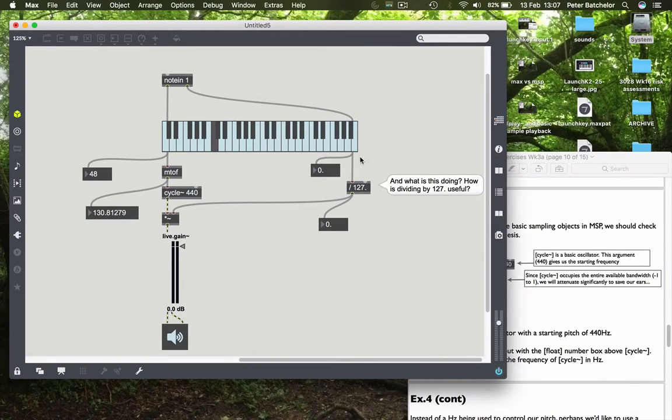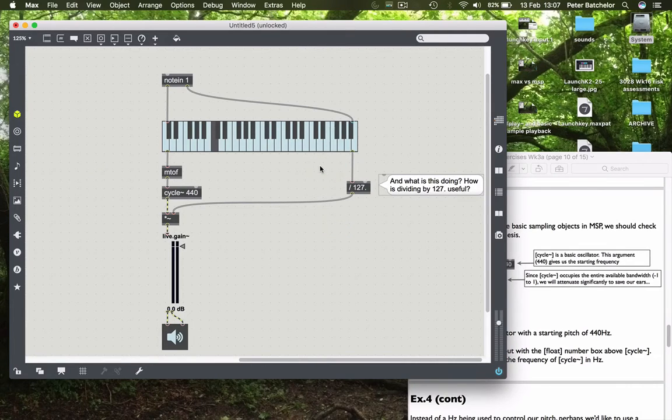So that's how this patch works. And so it reliably converts both MIDI note numbers and MIDI velocities to data that the MSP objects can use in order to make a sound of middle C at a velocity or a loudness equivalent to the violence with which we hit the key. So what else can we do with this?